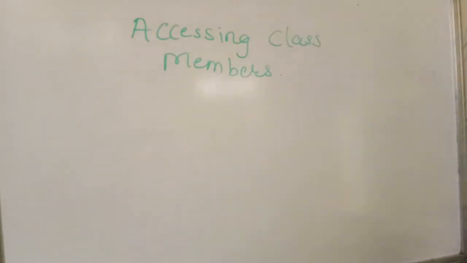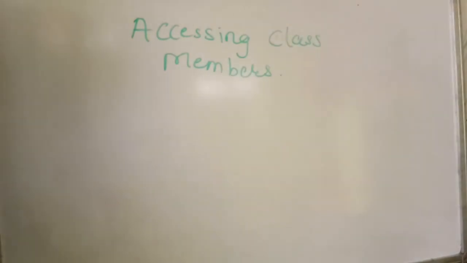We all know that we evolved the C++ class from the C structure, and we are extending the C++ class within the Java mechanisms. So how to access the class members?